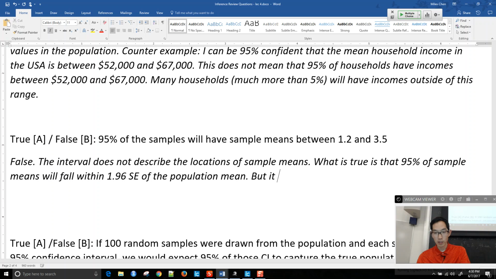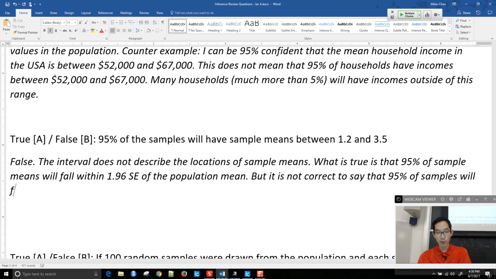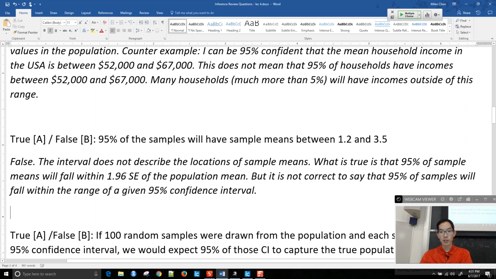But it is not correct to say that 95% of samples will fall within the range of a given 95% confidence interval, because this confidence interval is based on one sample.